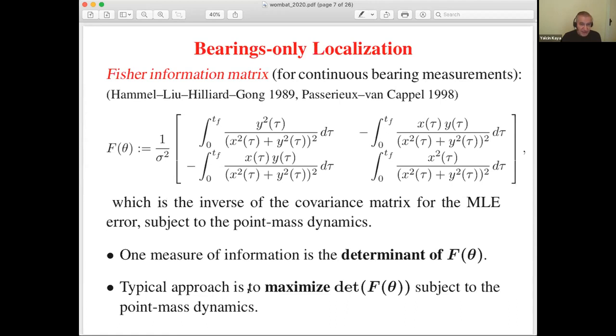The typical approach is that the covariance determines that area, and the Fisher information is the inverse of that covariance. So when you maximize the determinant of the Fisher information matrix, you are minimizing the area of the ellipse of uncertainty. The typical approach is to maximize the determinant of this matrix subject to the point mass dynamics that I've just described.